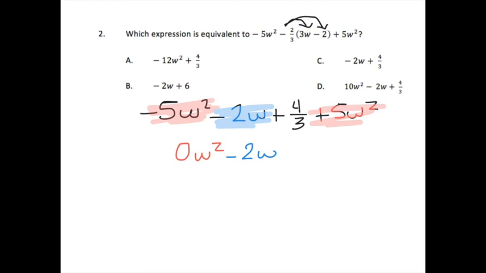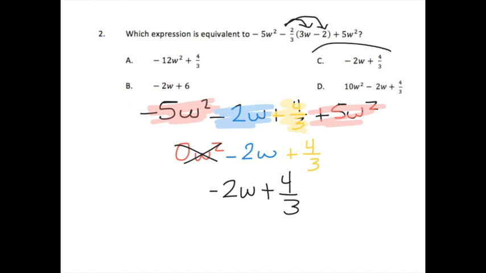And then at last, we have our number, which in this case is a fraction, so it's going to be plus 4/3. I know the zero term doesn't count, so my answer is -2w plus 4/3, which tells us that our answer is C.